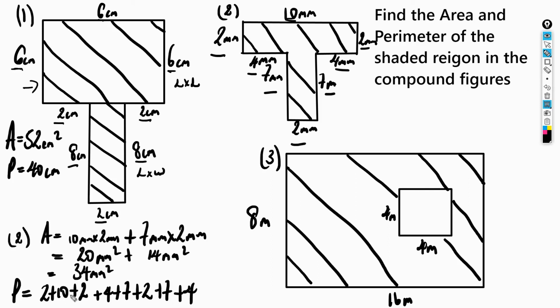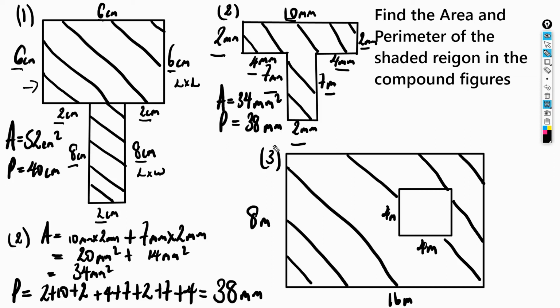And when we add this all up, guys, this is 38 millimeters. All right, guys, and that's our perimeter. Let's put that here. The area is equal to 34 millimeters squared, and the perimeter is equal to 38 millimeters.